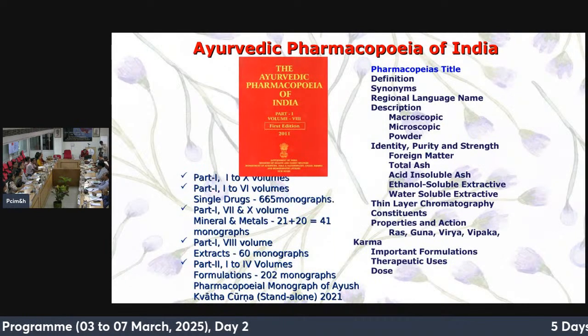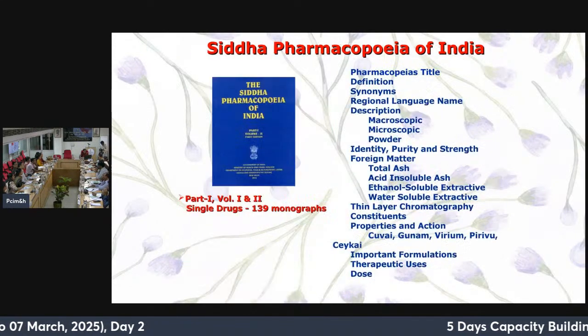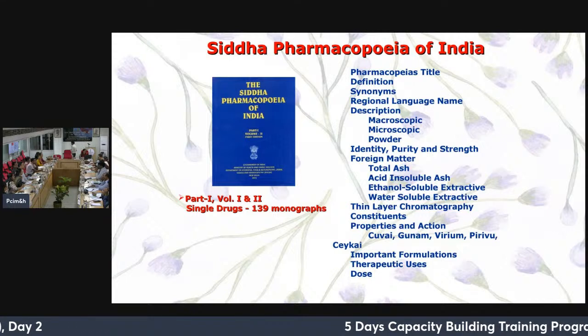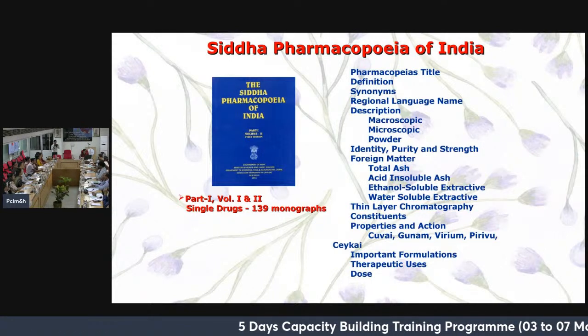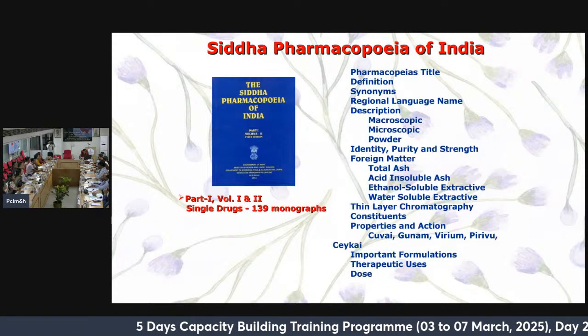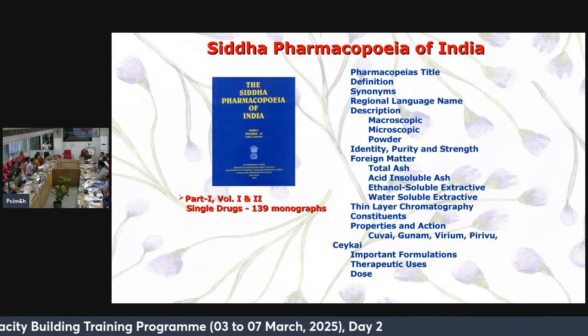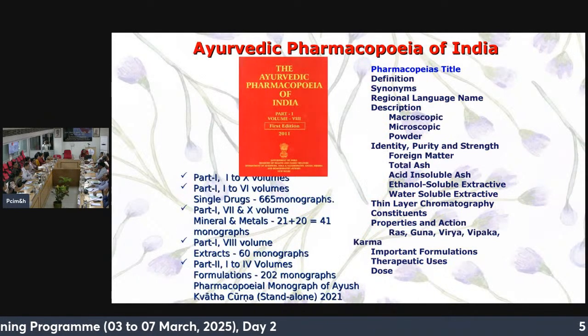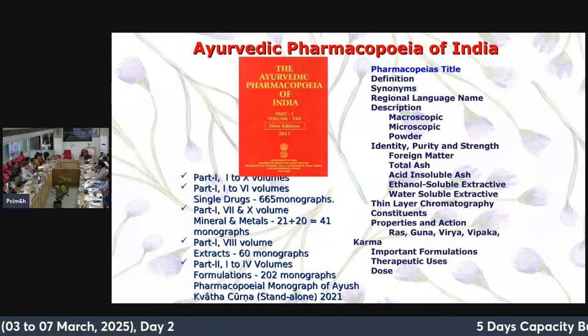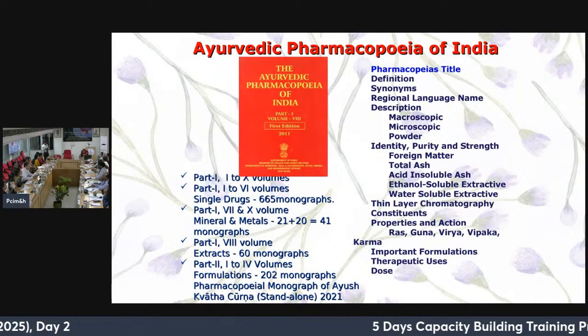This is the Ayurvedic pharmacopoeia, and we have volumes 1 to 10 for part 1 and volumes 1 to 6 for part 2, and the formulation. You can see that the pharmacopoeia title structure is mostly the same for Ayurveda, Unani and Siddha.